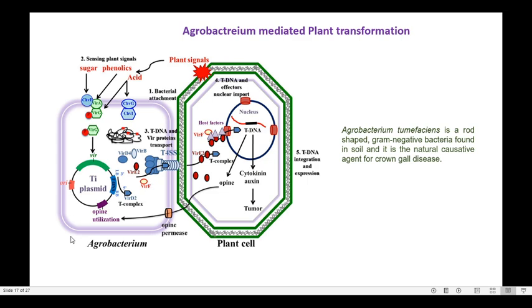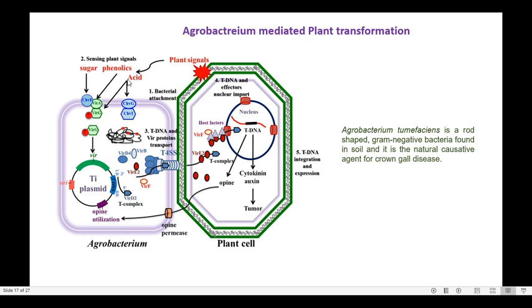This Agrobacterium has a plasmid called the Ti plasmid. This Ti plasmid is tumor-inducing DNA, which has the Vir genes, T-DNA, and origin of replication. This T-DNA has genes that code for proteins involved in the biosynthesis of growth hormones like auxin and cytokinins, and some plant metabolites like opines and agropines.